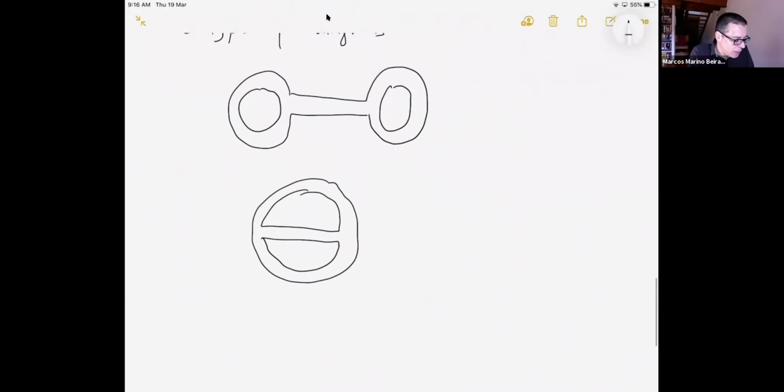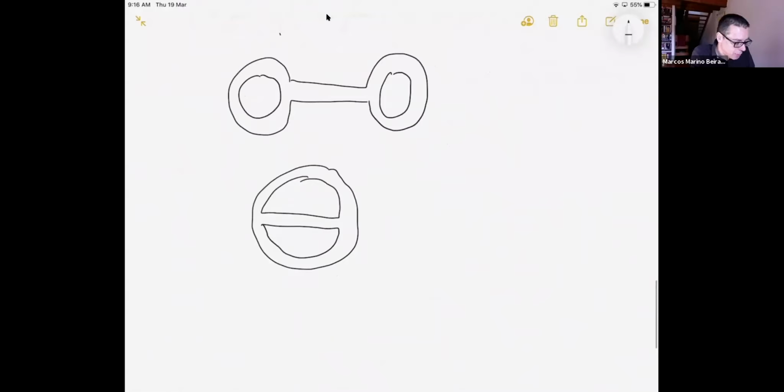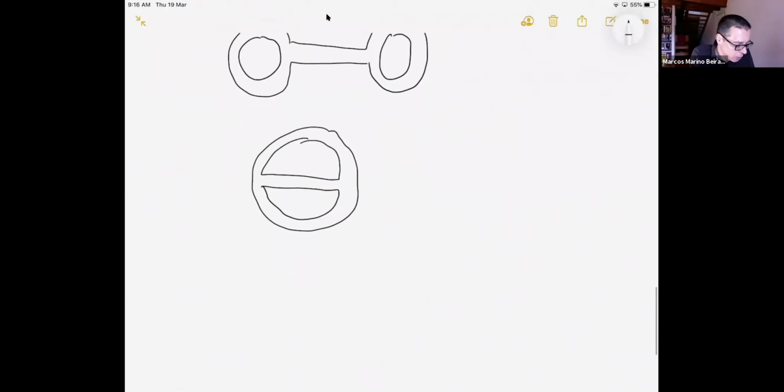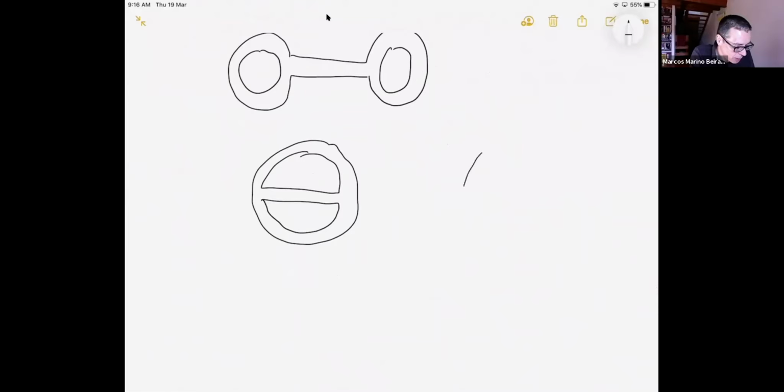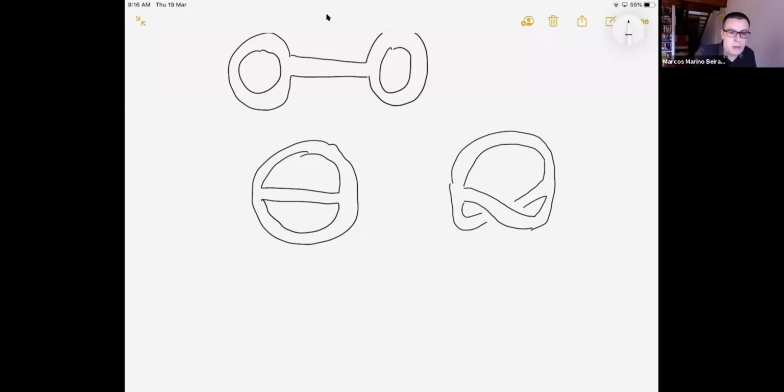The last one we get is the one in which we do a similar joining to this, but we cross things. So we get something like this. Okay, so this is a different type of diagram.